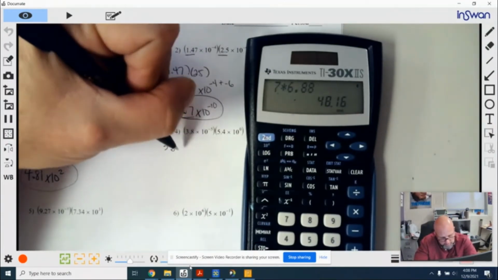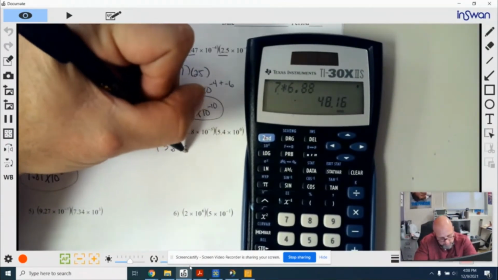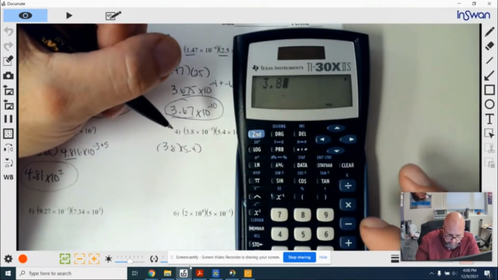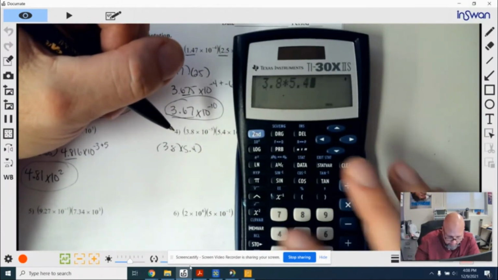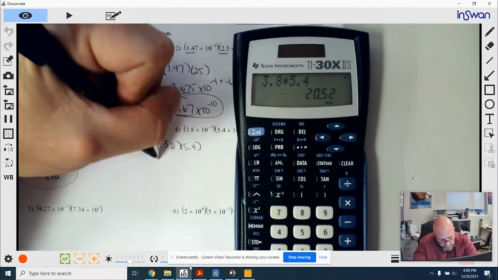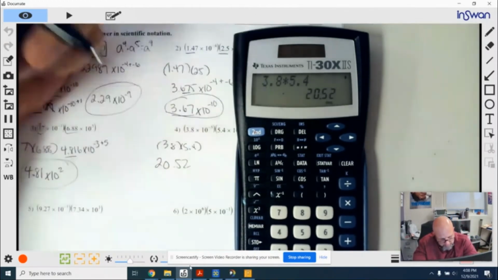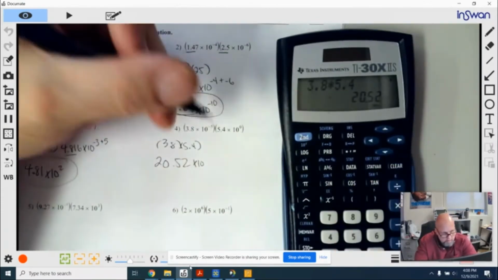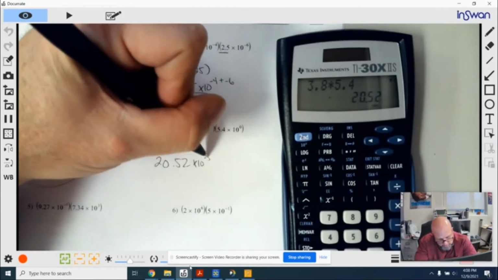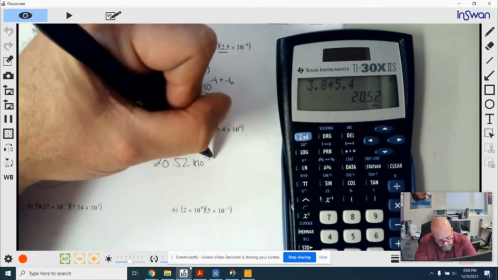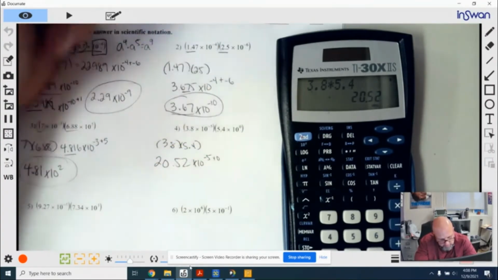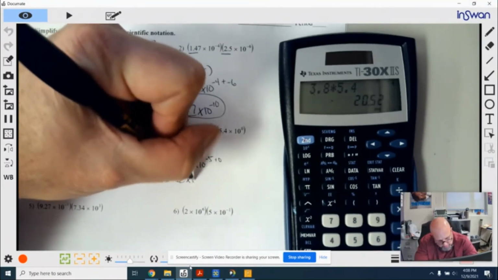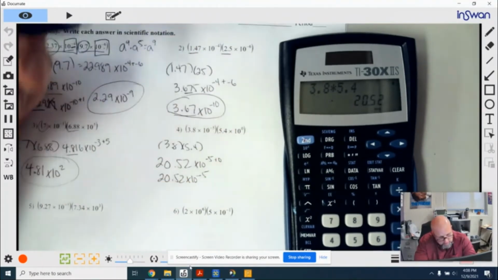Okay, number 4. Write down 3.8, multiply by 5.4. So 3.8 times 5.4. We get 20.52. Okay, we put the times 10 on there. And then this first exponent's a -5. I add it with the back one, a 0, which is not going to have any effect on that. So I have 20.52 times 10 to the negative fifth power.